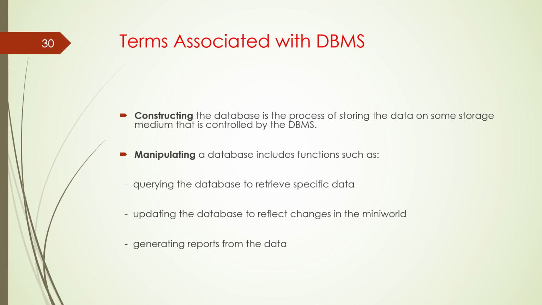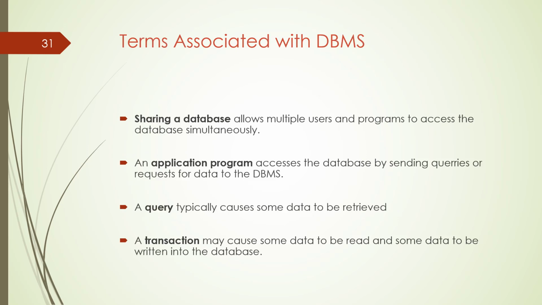Or maybe there's a CMS requirement to capture some new type of data. That could be a new column, right? So then you have to update the database and add a new column. Sharing a database allows multiple users and programs to access the database simultaneously.